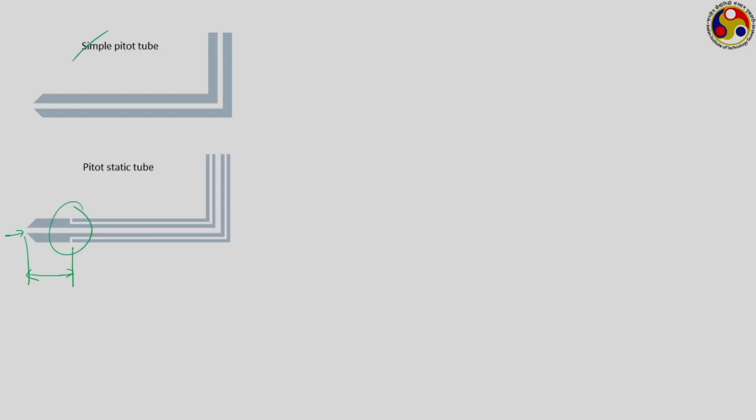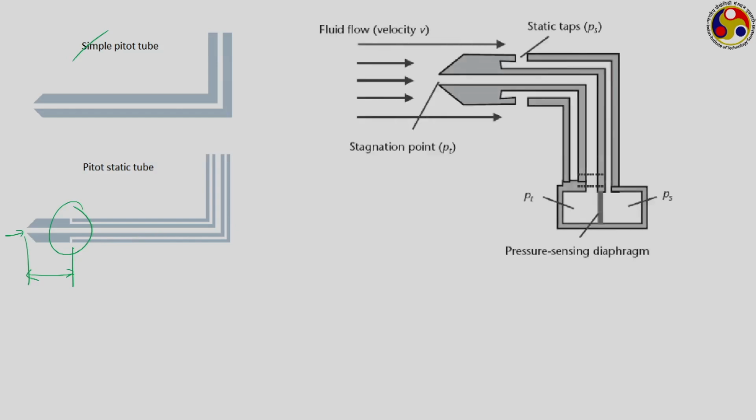Here at this particular location, you will have a few holes made on the periphery of this first tube. Depending on the configuration, we can have 4, 6 or 8 holes made on the circumference, and through these the fluid can enter the annulus formed between the two channels, and this outer one is likely to give you the measurement of the static pressure, just like shown here.